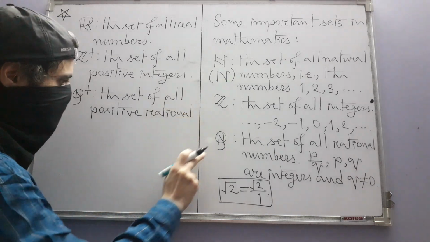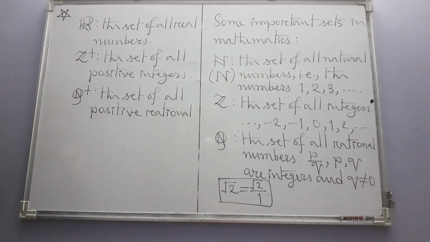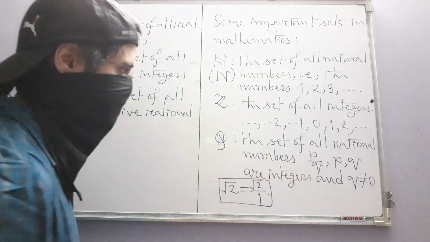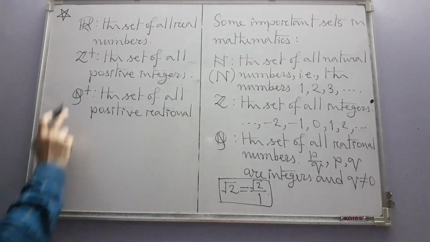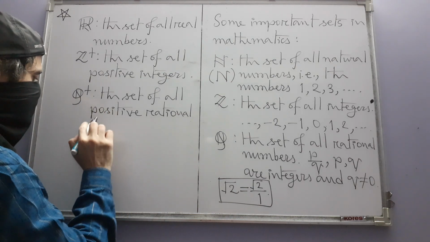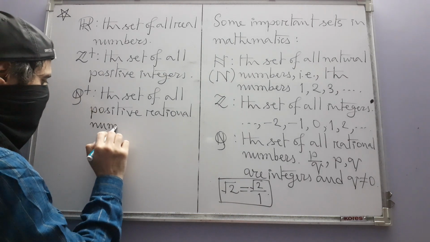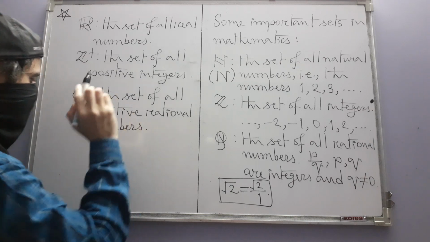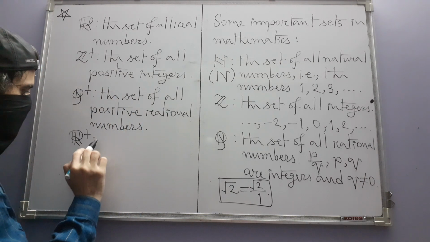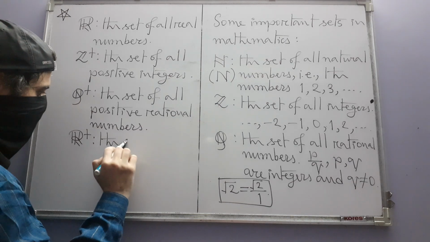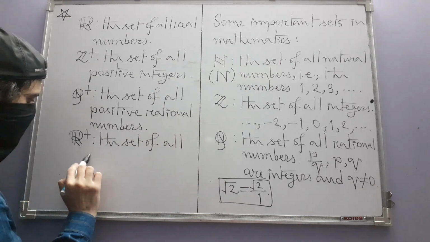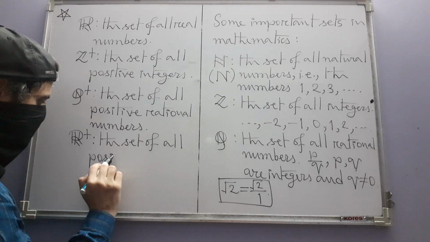Oh, by the way, the letter Q stands for quotient of two integers. That's why it's called Q. And R, of course, stands for real. And like that, we also have R plus, the set of all positive real numbers.